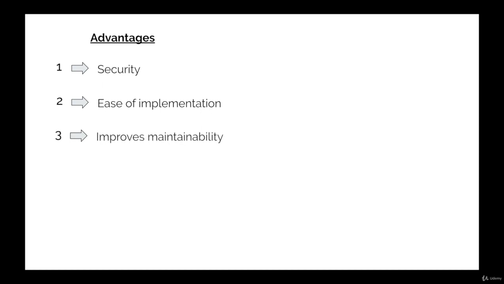The next benefit is improved maintainability, and again, since the user is not aware of the background working, it's very easy to maintain the code. The next benefit we have is ease of use. It's very easy to use systems that have abstractions. Imagine a scenario wherein you have to know the programming language or the server information before using the ATM.